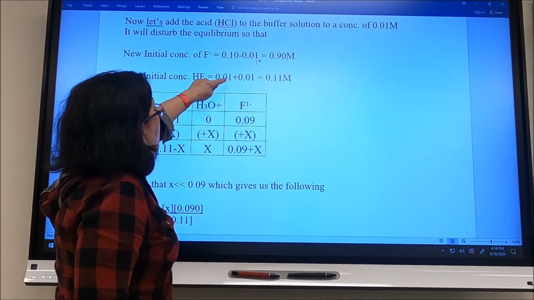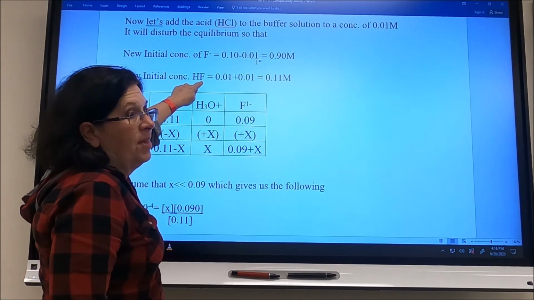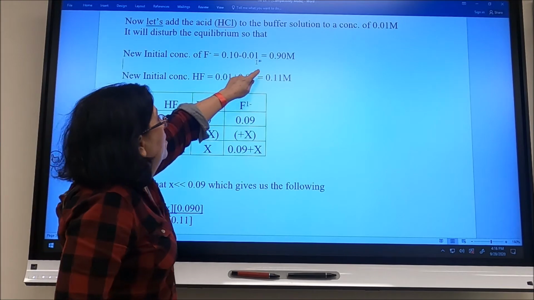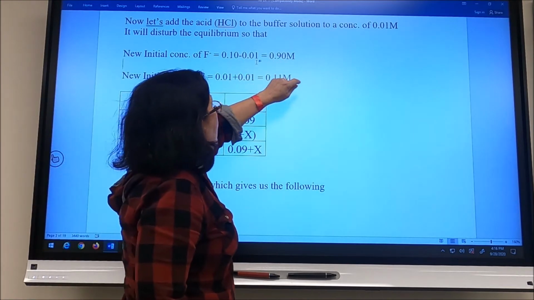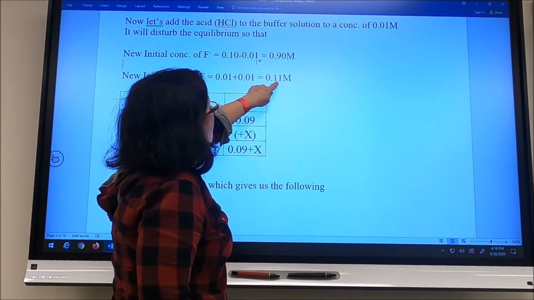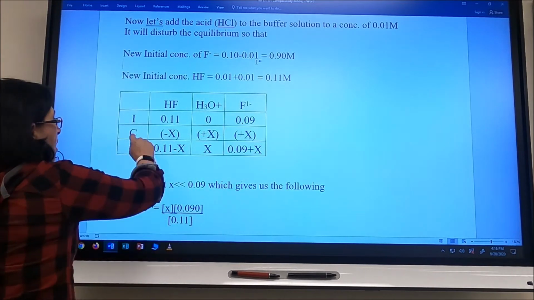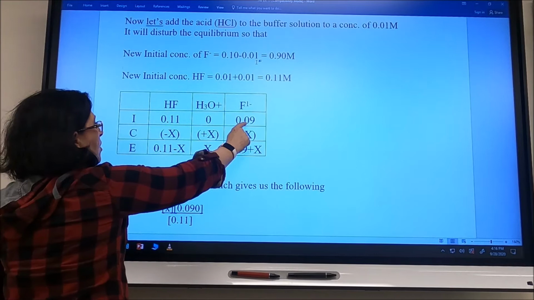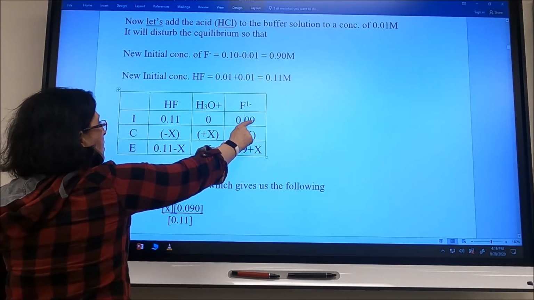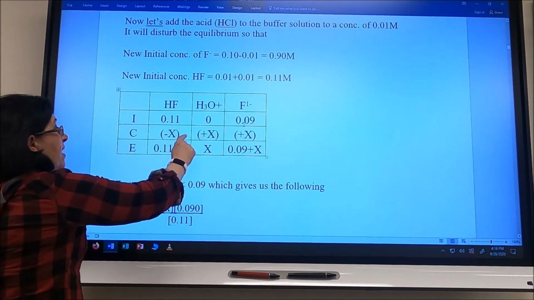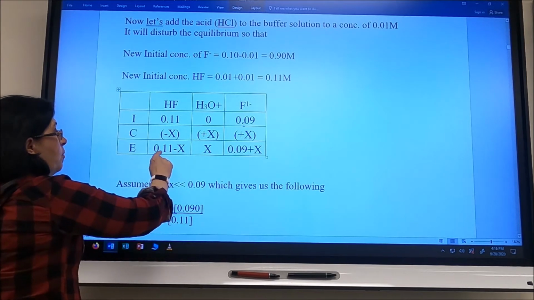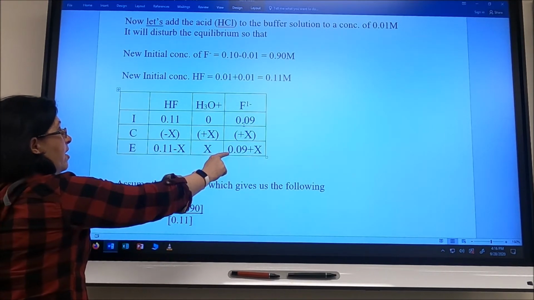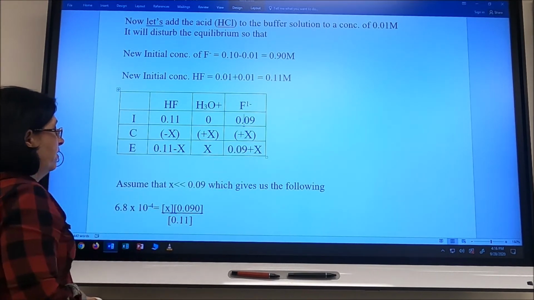It's going to eat up some of the weak base. It's going to make some of the conjugate acid. So that's going to go to 0.090, and this is going to go to 0.11. So I've got a new ICE chart, 0.11 and 0.09. Still minus x, plus x, plus x, so I have 0.11 minus x, and 0.09 plus x.